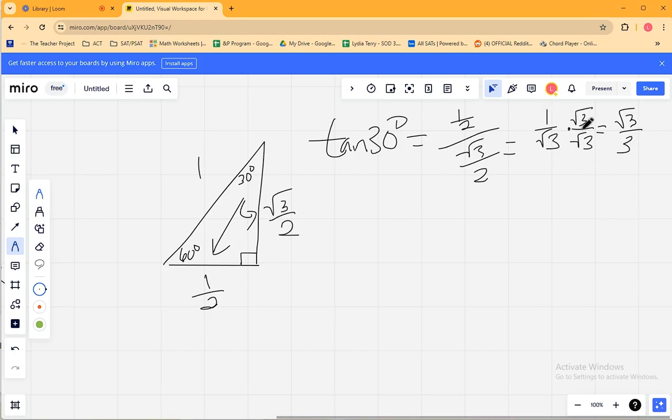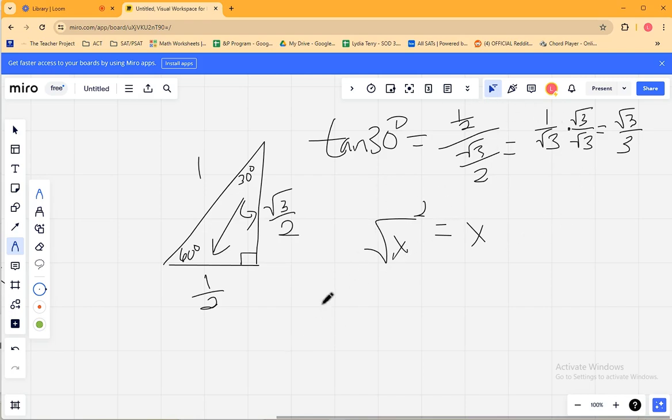Okay, because 1 times the square root of 3 is the square root of 3, and the square root of 3 times the square root of 3 is 3. That should be obvious, but I found a lot of times people don't understand that, or it's not completely intuitive, if you will. They get it later, but sometimes it's just a little bit like, what? Okay, so the square root of anything squared is that thing itself, okay?